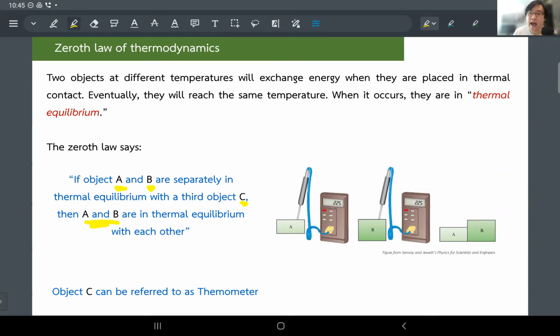And that's how the thermometer works, right? You put the thermometer, you check my temperature, 37. You check the temperature of your friend, 37. So if I and your friend just shake hands, we are already in equilibrium. They're not going to transfer anything anymore. Something like that. Okay. So that's it. Done for the zeroth law. Forget about it. All right. We don't need to worry too much about this at this point.